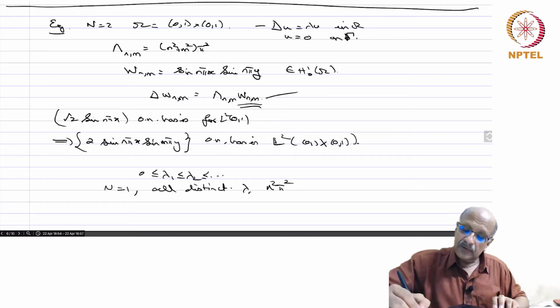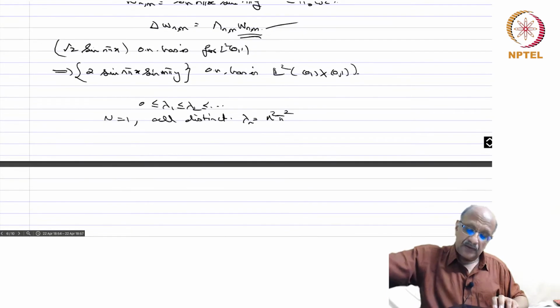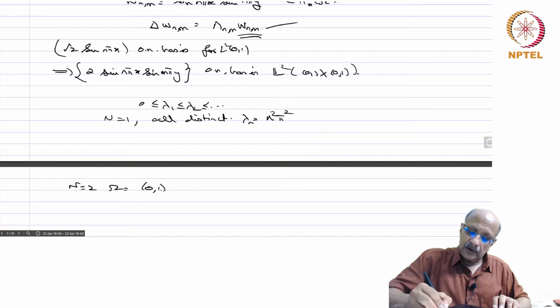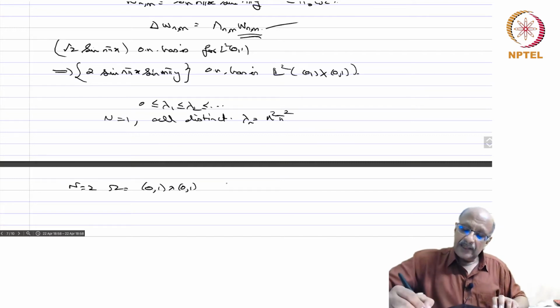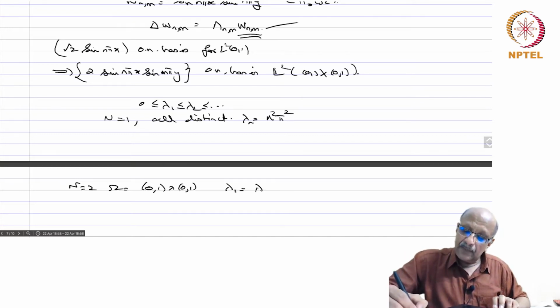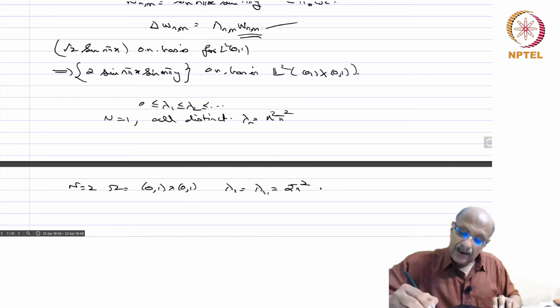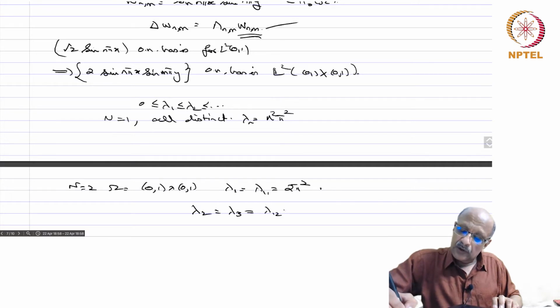But in the case of example 2, n equals 2, Ω equals (0,1)×(0,1), then λ1, which will be λ_{1,1}, will be equal to 2π², and λ2 equals λ3 will be equal to λ_{1,2} equals λ_{2,1}, and that is equal to 5π².